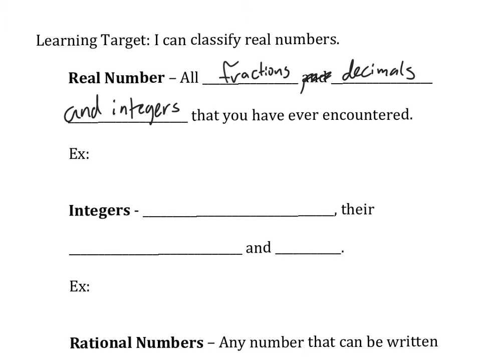Some examples include integers and whole numbers like 2 and 5, but also decimals like 0.3 repeating, or 0.5, or a fraction like 1/2, the number pi, or even the square root of 7. Those are all real numbers. Every number that we are working with in this unit is a real number.